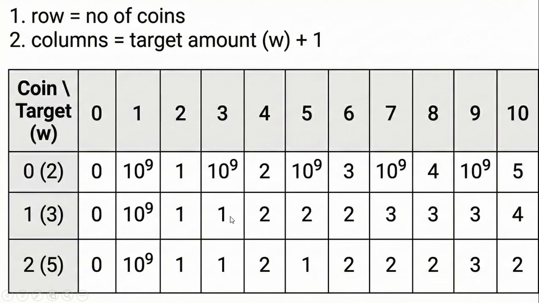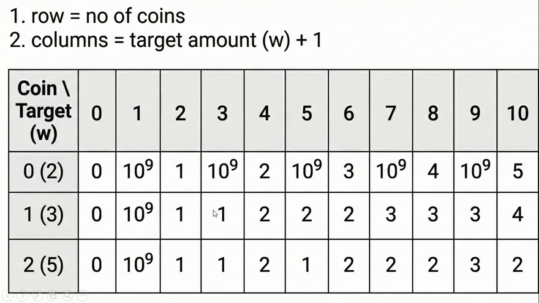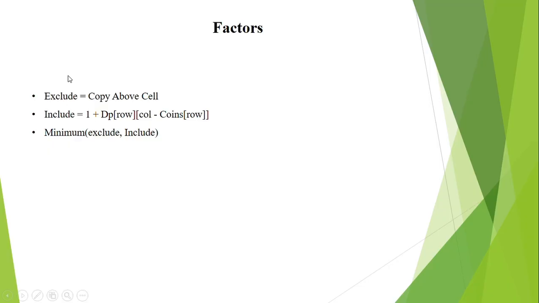So dp row 1 at column 0 has a value of 0, and if we add 1 here it becomes 1. So here include comes 1 and exclude comes 10 power 9. Which is smaller? 1. So we simply write 1 here. Similarly, if we check for 2, we again use the same terminologies: first find exclude, then include, then minimum.